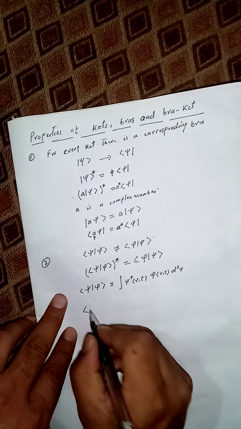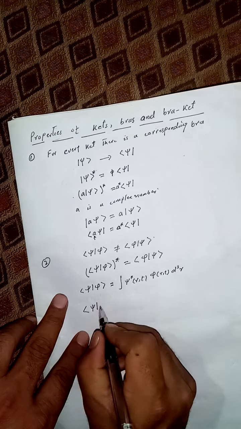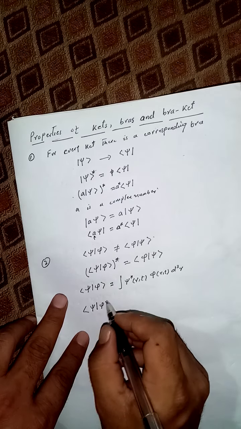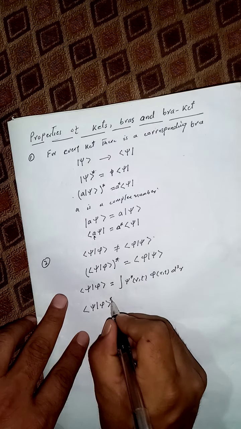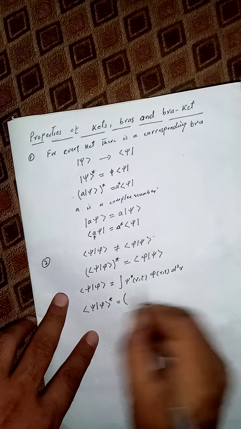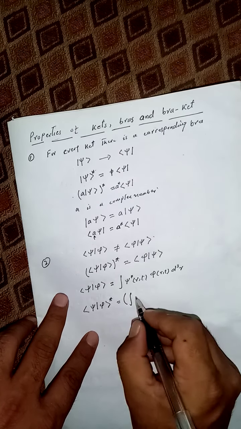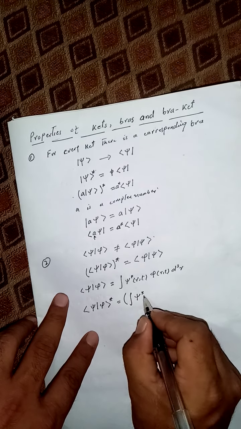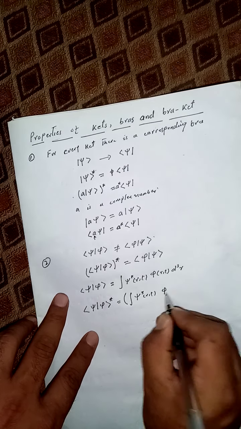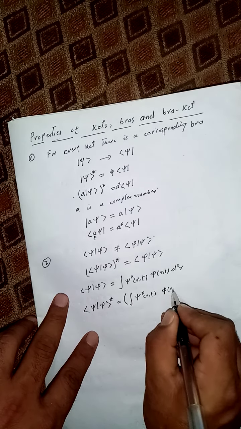Now if I have to take the complex conjugate of this scalar product, then I have to take the complex conjugate of the right hand side also, which is psi star r and t, phi, and d cube r, and we have the complex conjugate here. I just take the complex conjugate of both sides.